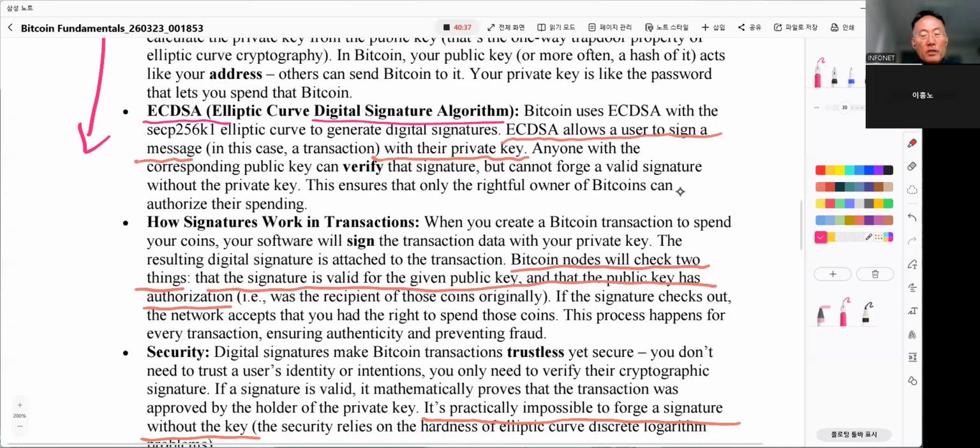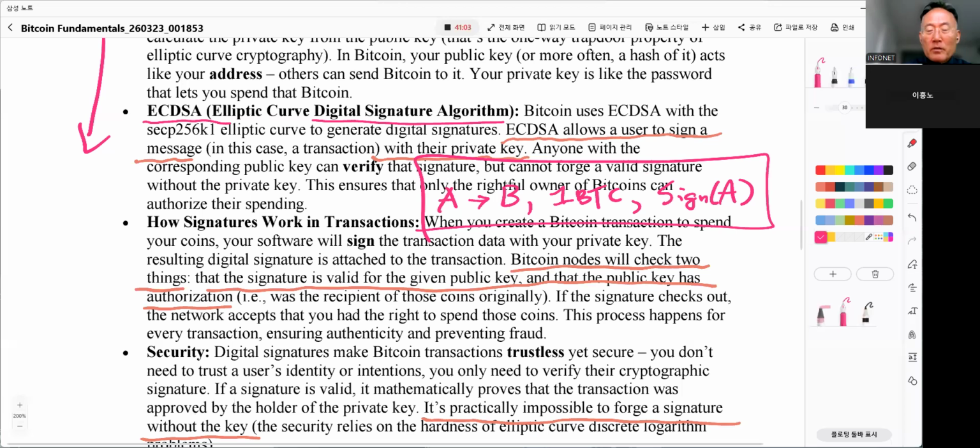And then Bitcoin uses this to sign a transaction. Okay. If A wants to send B, let's say, one Bitcoin, one BTC, then there should be a signature of A attached to it. So if this is registered into the Bitcoin network, then anyone can see this transaction.